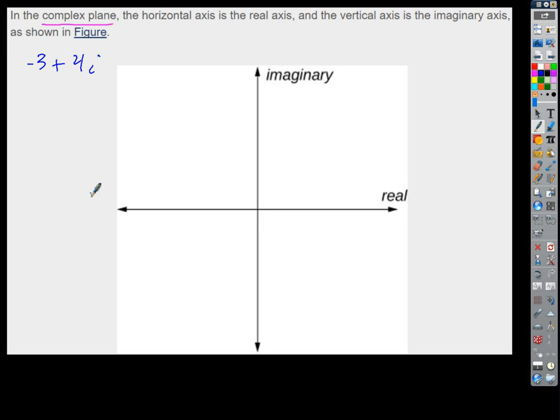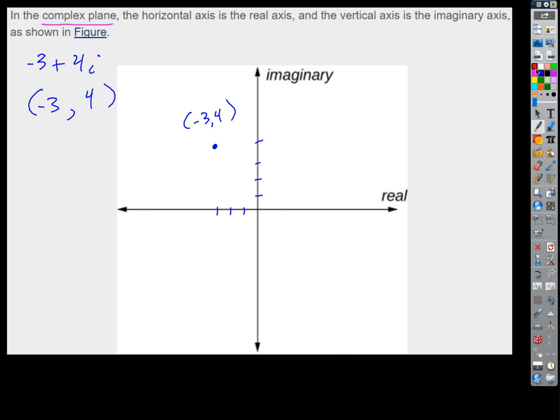Yeah. We'll just make an ordered pair out of this, where the real part is the x-coordinate, and the imaginary part is the y-coordinate. And so we would just go back 1, 2, 3, and up 4, and there's going to be the location of that point. Okay? Coordinates are just -3, 4.